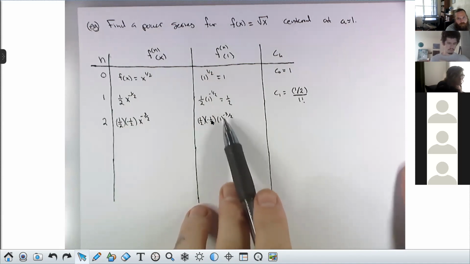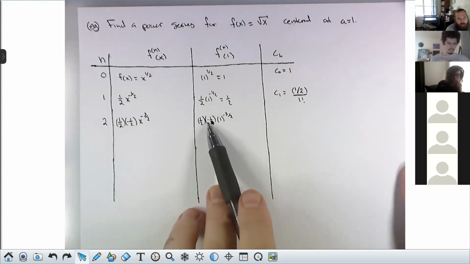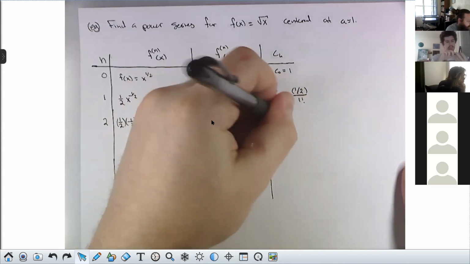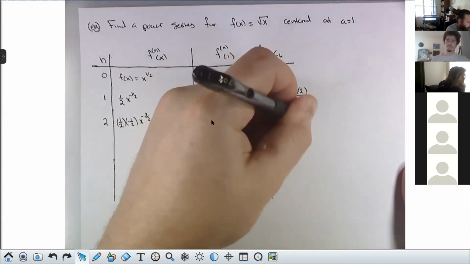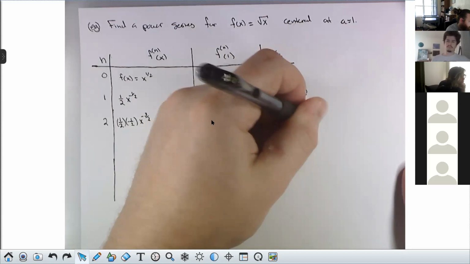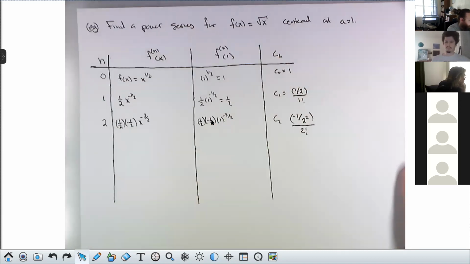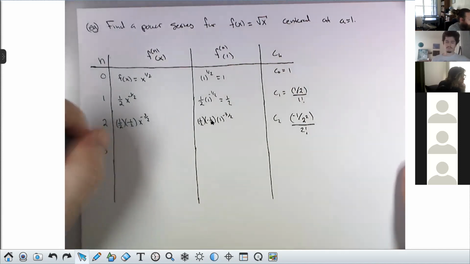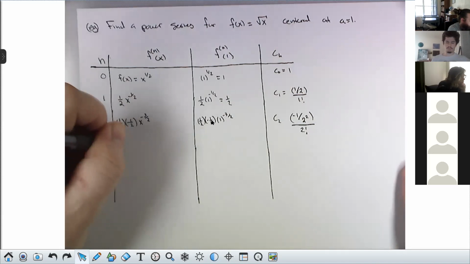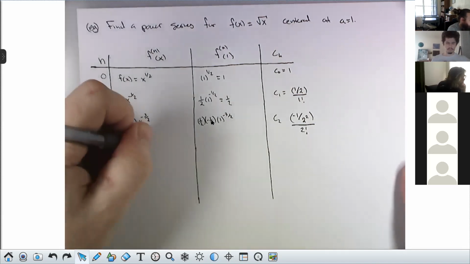I'm not really worried about this piece; it's more these pieces we need to keep track of. So this is negative 1 over 2 squared. So c_2 is negative 1 divided by 2 squared all over 2 factorial. If I go again, I'll have 1/2 times negative 1/2 times negative 3/2 times x to the negative 5/2 as my third derivative.